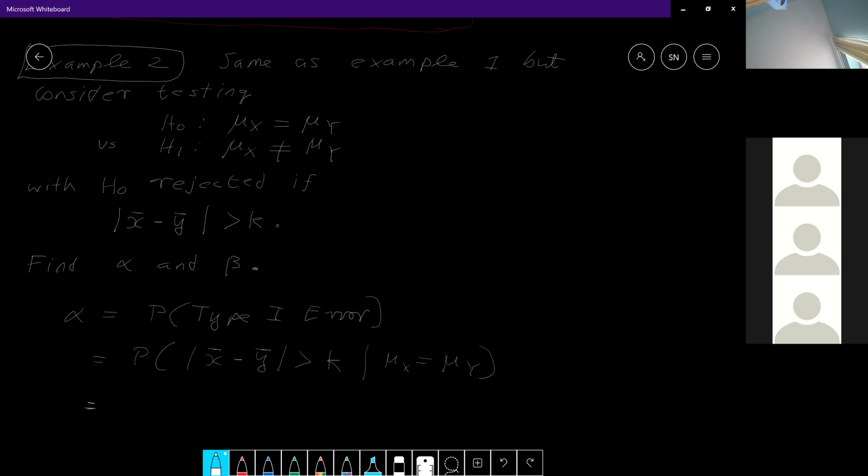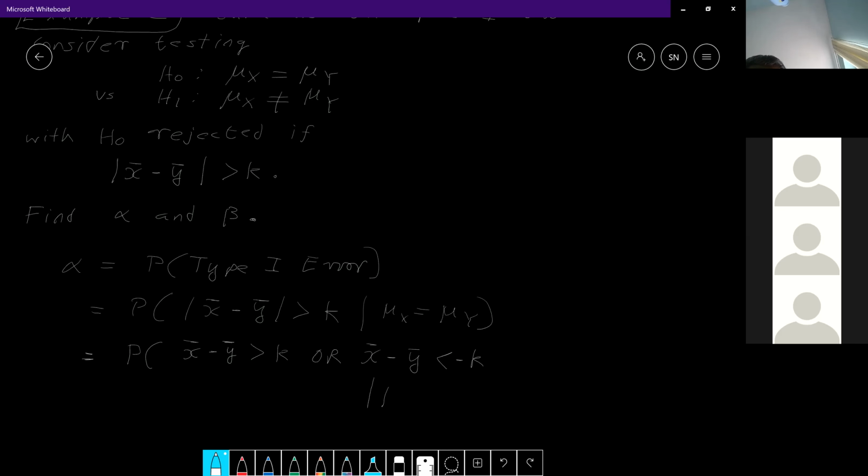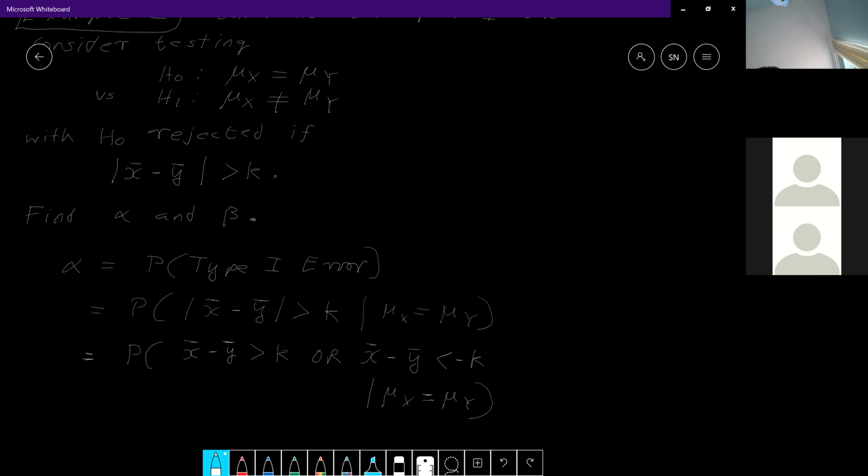If you say that the absolute value of something is greater than k, that's the same as saying that x bar minus y bar is greater than k, or x bar minus y bar is less than minus k. You see what I've done.